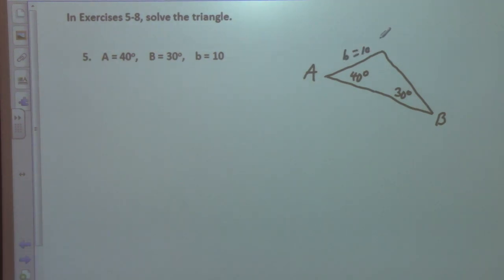And so I know this is going to be angle C, and this is little c. So basically what I'm looking for is, what does this tell me about side A and side C? They're going to be bigger than 10.